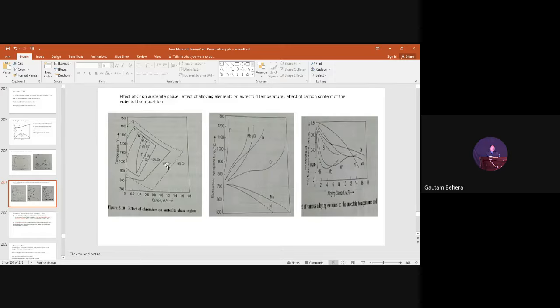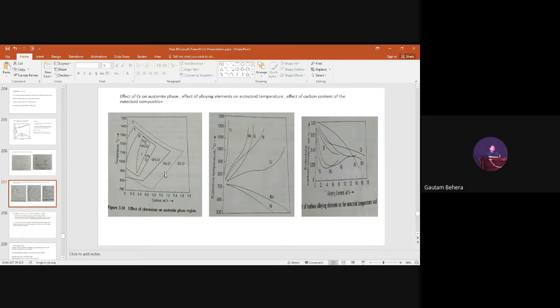But when I add 5% chromium, the gamma region is decreasing, right? Then further, when I add 12% chromium, this is my region. The region is getting smaller and smaller. Then when I add 15%, this is the gamma region, a small triangle here. And finally, when chromium is 19%, the gamma region is this small triangle, you can see.